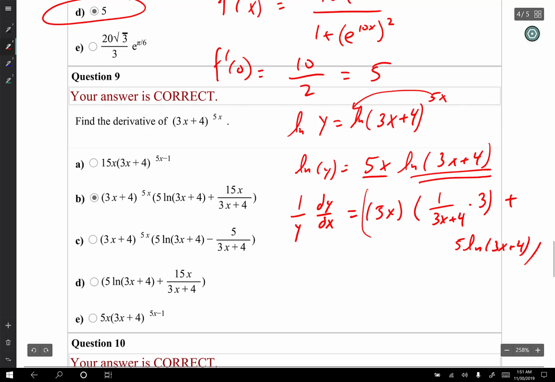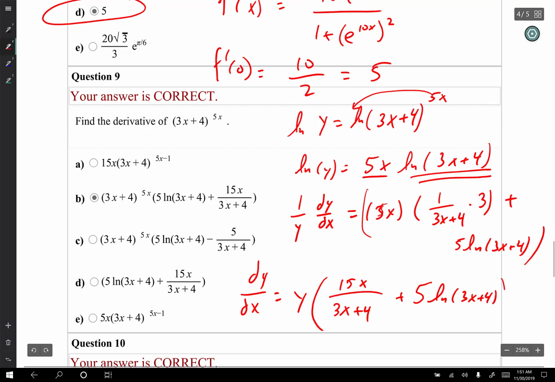So all this goes together. So times y. So I'm going to write dy dx equals y, giant parenthesis. So let's see, that's a 5, that's a 3. 5 times 3 is 15, so 15x over (3x plus 4), nothing cancels, plus 5 ln (3x plus 4), close.